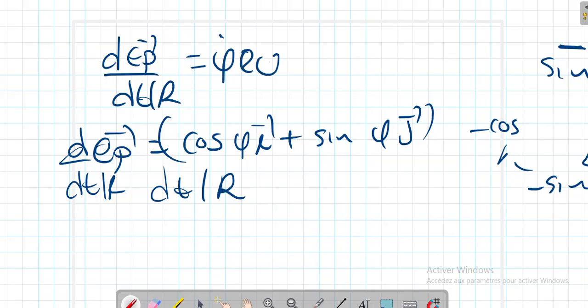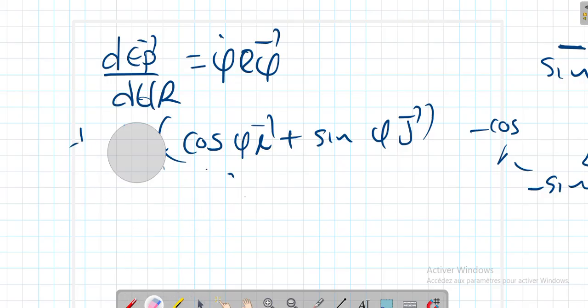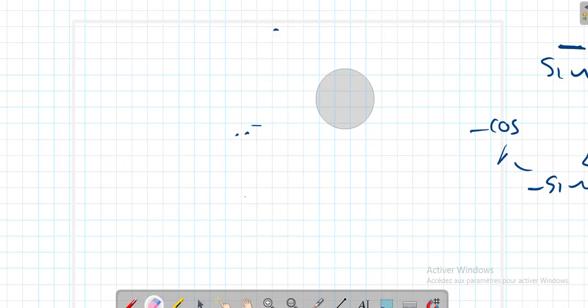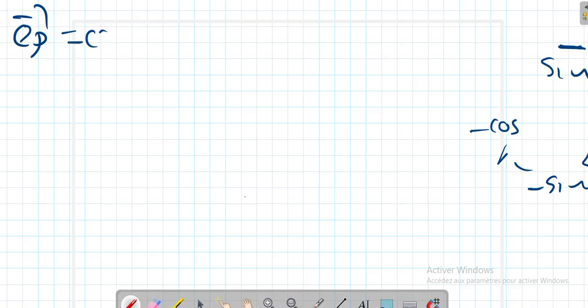E phi. Okay. Now I'm going to show you that alternatively, if you don't know the art of completing the right hand side, I'm going to show you an alternative way of finding it using its definition in the Cartesian coordinate system. So we define E rho, we found it to be cos phi. When you watch the coordinate system, now you are seeing the importance of the coordinate system.